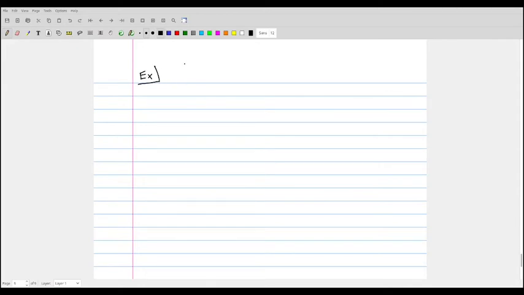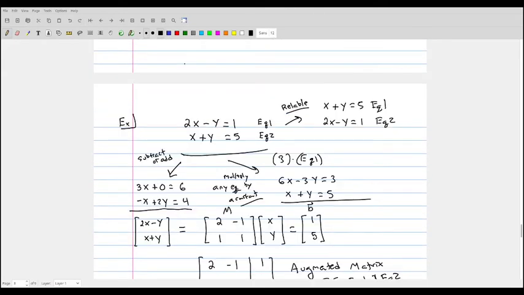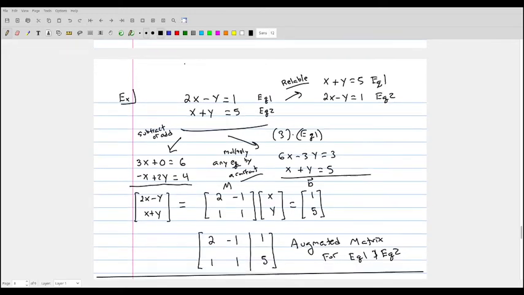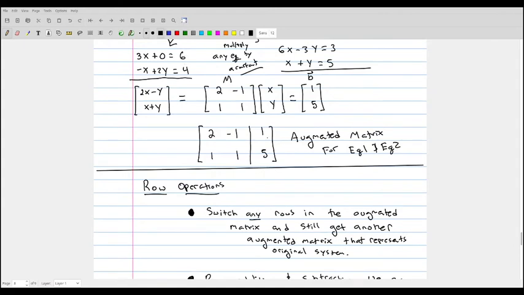Okay, this is the system: 2x minus y, x plus y, equal to 1, 5. So the augmented matrix that we get is exactly this matrix right here.